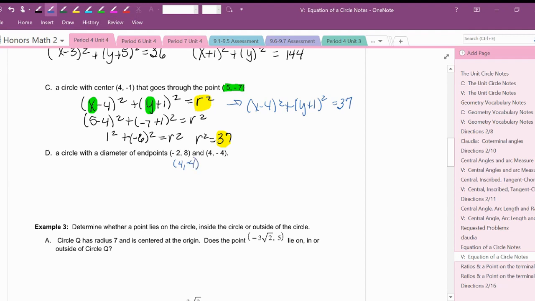So we keep the x coordinates and y coordinates organized. Let's maybe start with the length of our diameter, which is the distance between these 2 points. Just going to be the difference in the y coordinates squared plus the difference in the x coordinates squared.